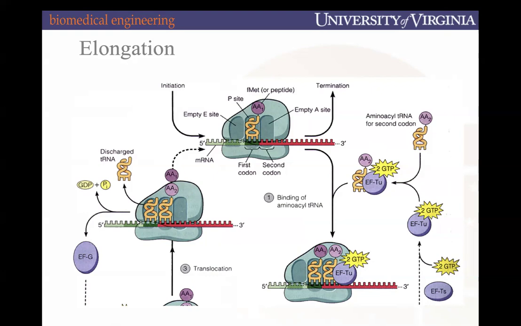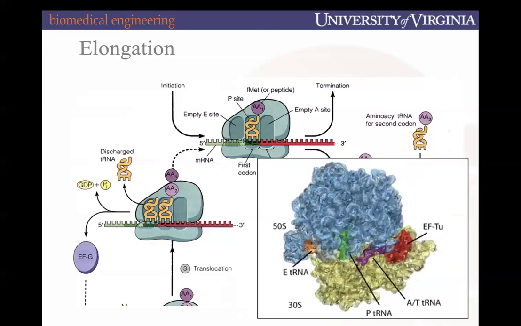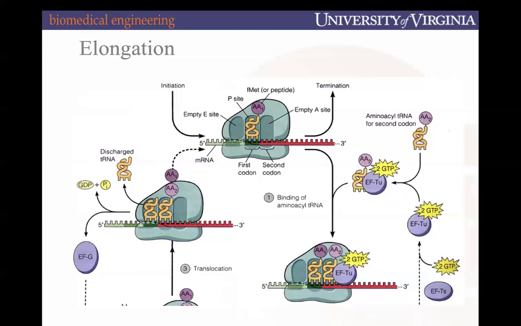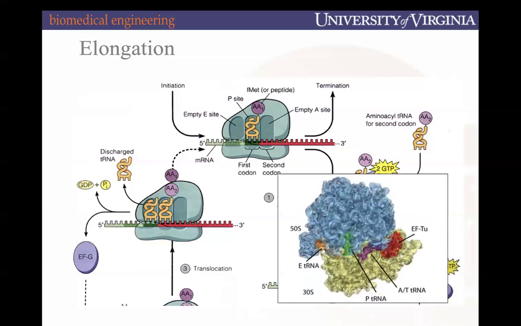Again, EFTU, the way to remember it is bringing the transfer RNA to you. So the energetics of this GTP is that once those 2 GTPs are hydrolyzed, it's going to deliver that transfer RNA into the A site there.